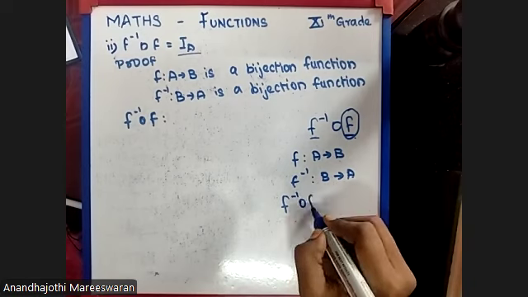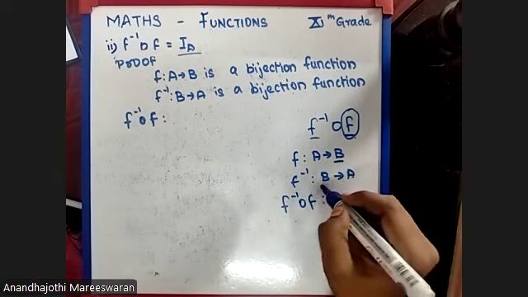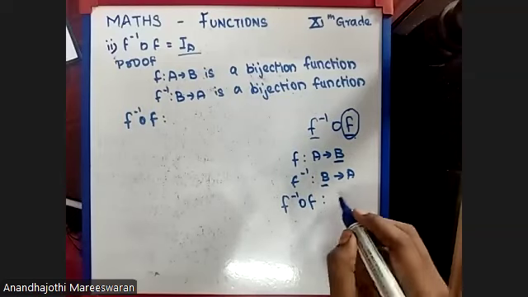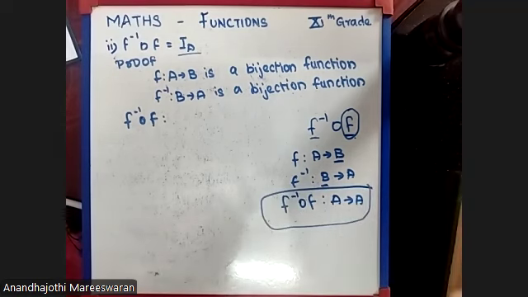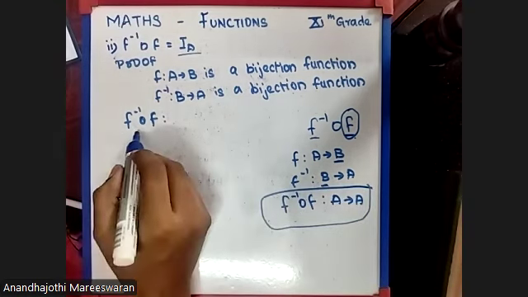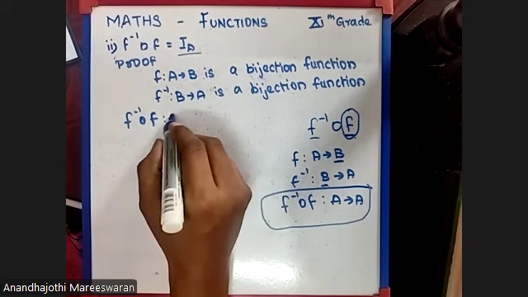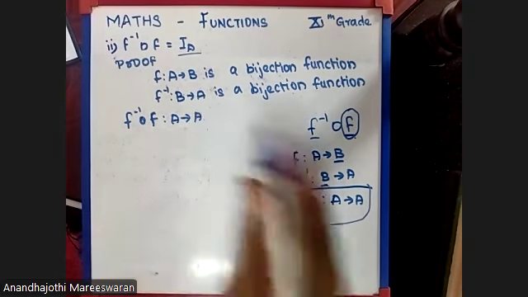F inverse circle F equals, so both are the same, A maps to A. Clear? So F inverse circle F maps A to A.